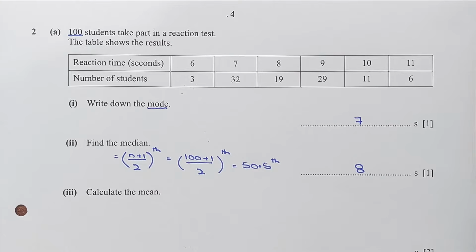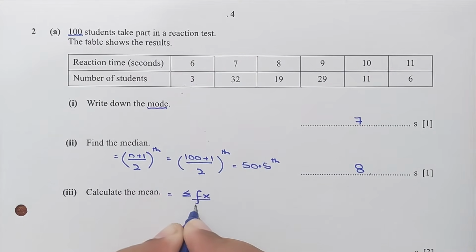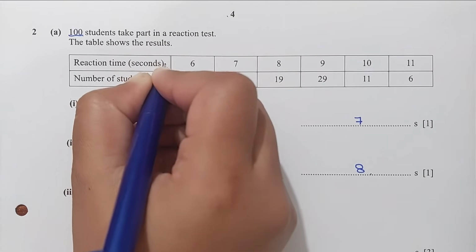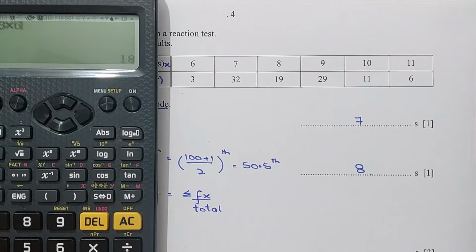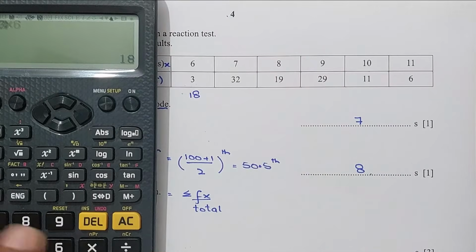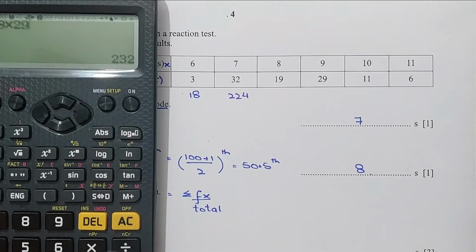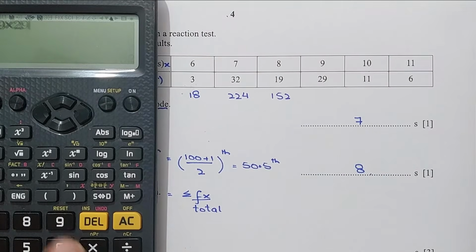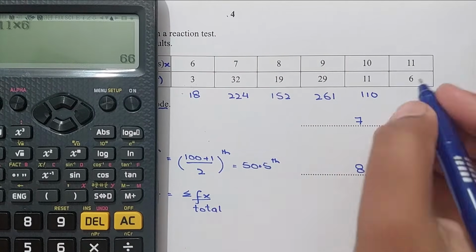Now for part 3, calculate the mean. The formula for mean is the sum of fx divided by the total, right? This is the frequency f, and x is this. Now let me find the product of fx. 3 times 6 is 18. 7 times 32 is 224. 8 times 19 is 152. 9 times 29 is 261. 10 times 11 is 110. 11 times 6 would be 66.